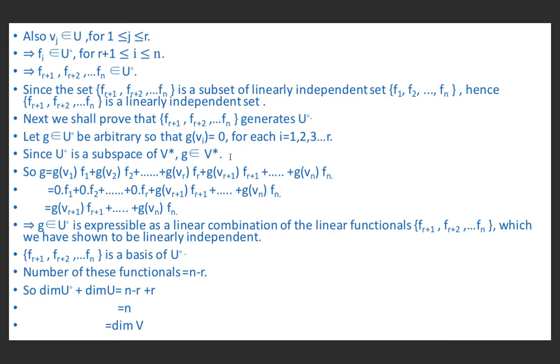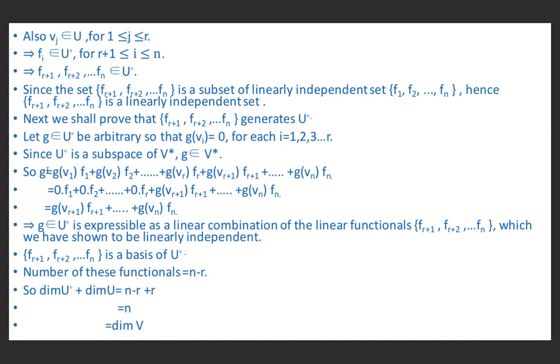V star is the dual of V. And the basis set dual to v1, v2, ..., vn is f1, f2, ..., fn.